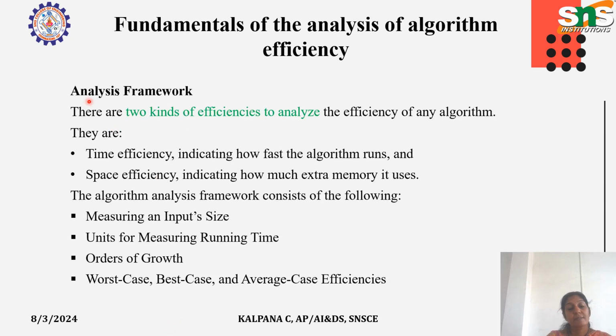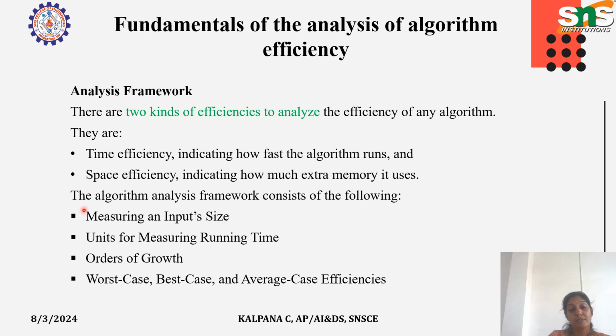So next is the analysis framework. Before, we discussed algorithm efficiencies, which are broadly classified into two things: time efficiency and space efficiency, that is, memory efficiency. These are the two important efficiencies when we talk about algorithm efficiency. This framework contains four more important things.